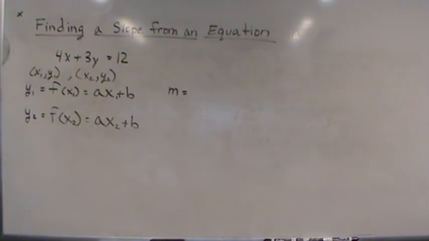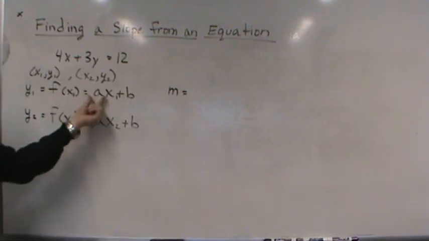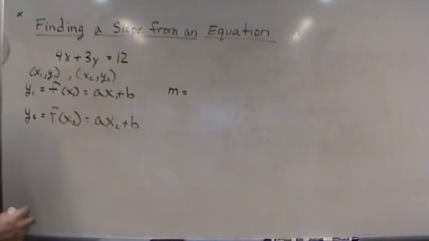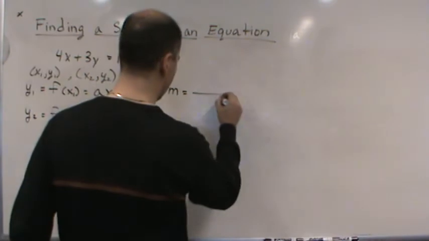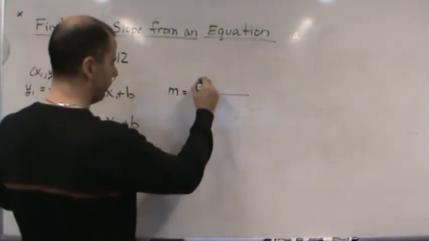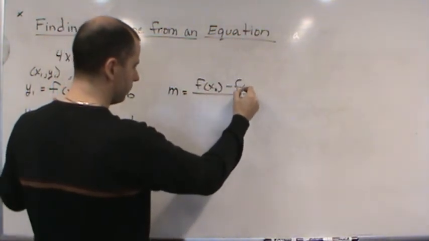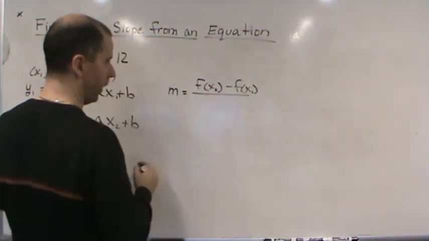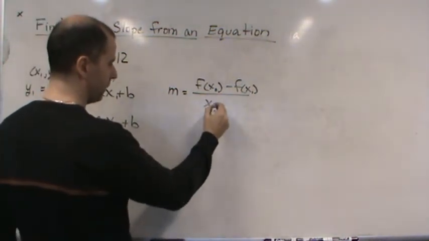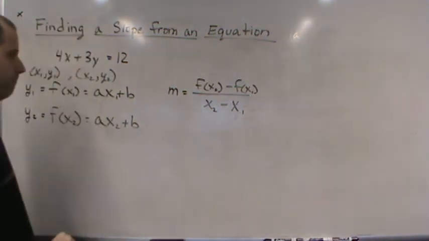So all I'm doing is I'm going to derive and show you that the slope is the a variable. Okay, so what I'm going to do is write this out. I'm going to write the change in f, so f of x2 minus f of x1 divided by x2 minus x1.